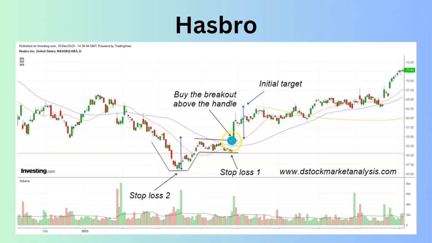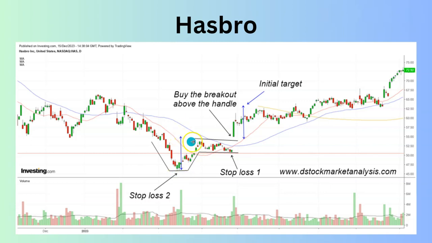Okay, and I think there's a lot of people who saw this cup with handle, which is why there's no trading even here to break above, just a gap up. So traders can buy the gap up above this handle. If you're more aggressive, put the stop loss here for a better reward to risk. And if you're less aggressive, put the stop loss here below the entire pattern.